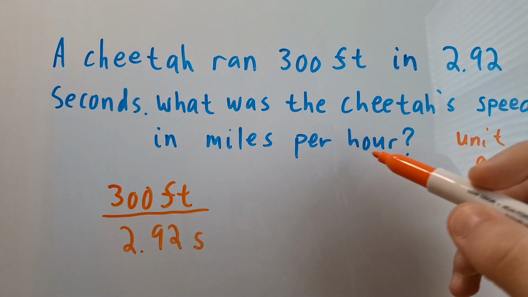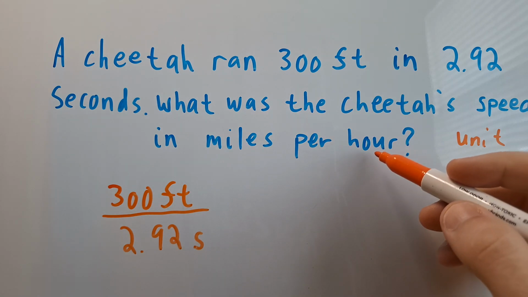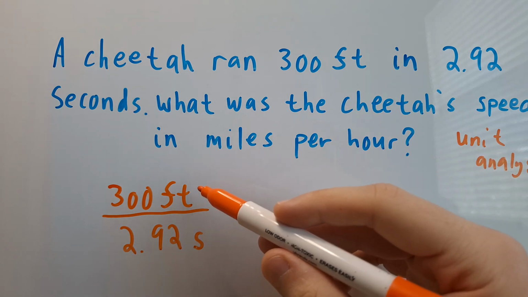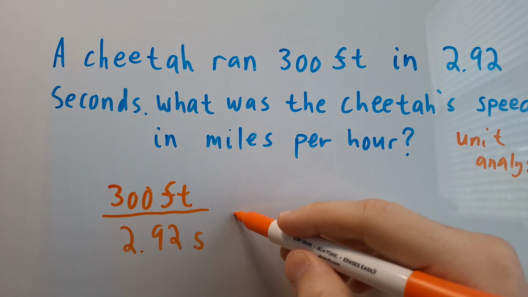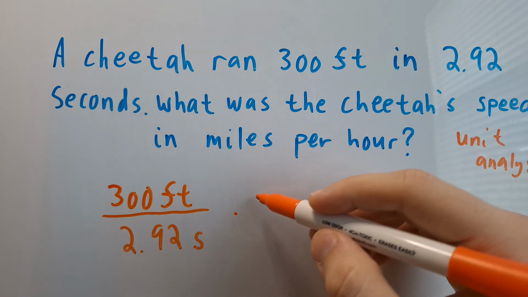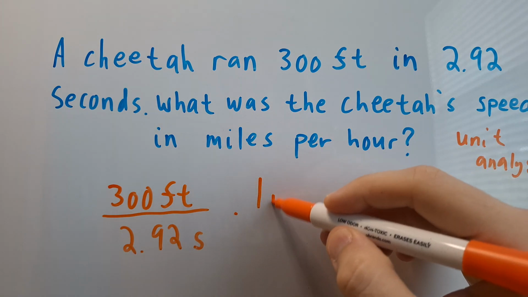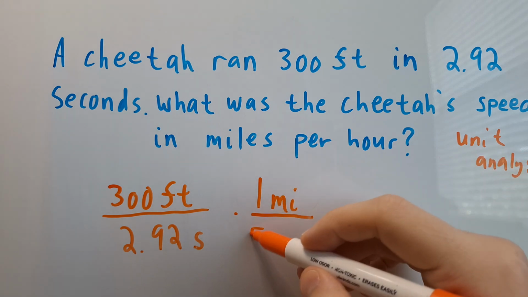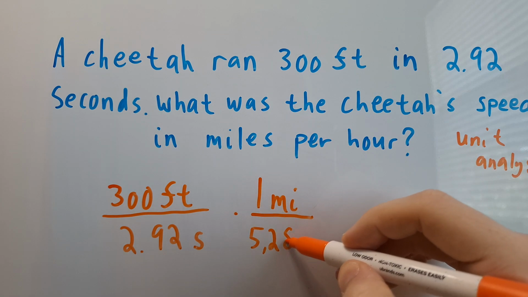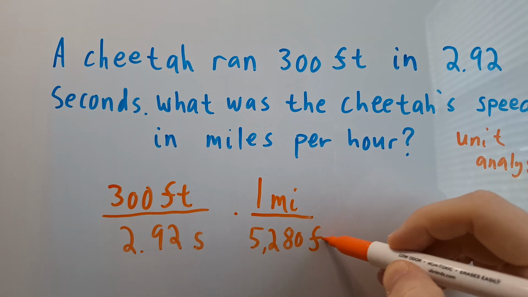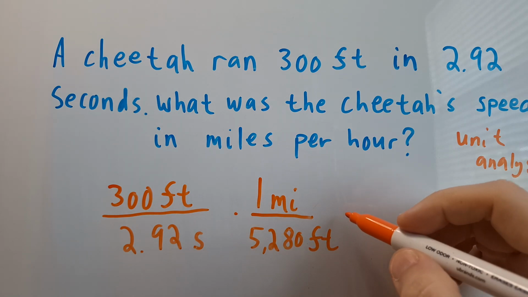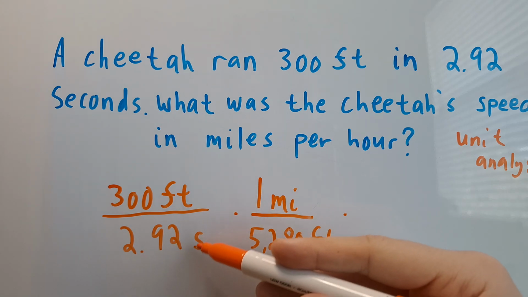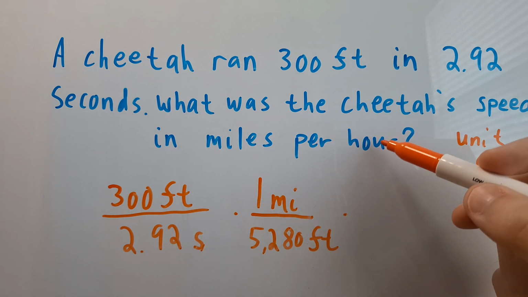We want miles per hour, so we need to find a way to cancel out the feet conversion. Well, what we do know is that for every mile, there is 5,280 feet. And we've also got seconds here. We want to cancel out seconds because we want hours.